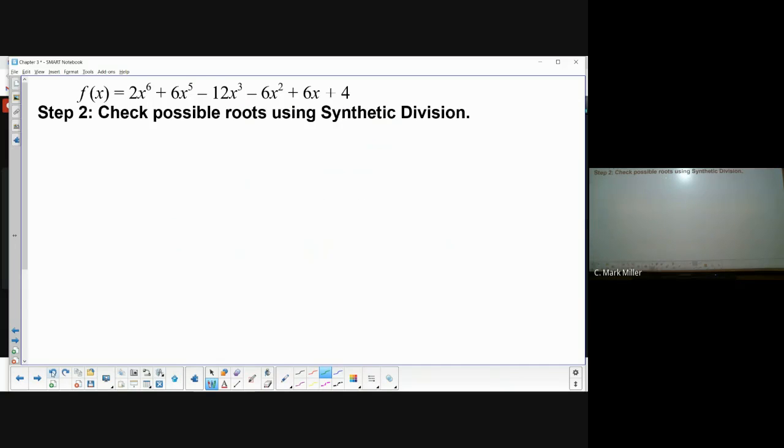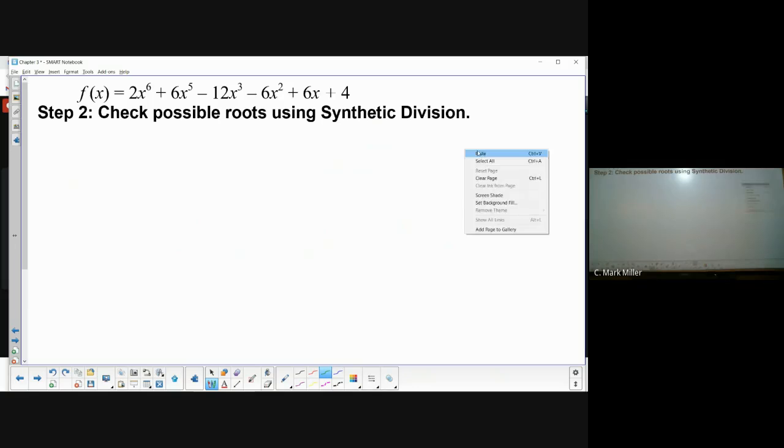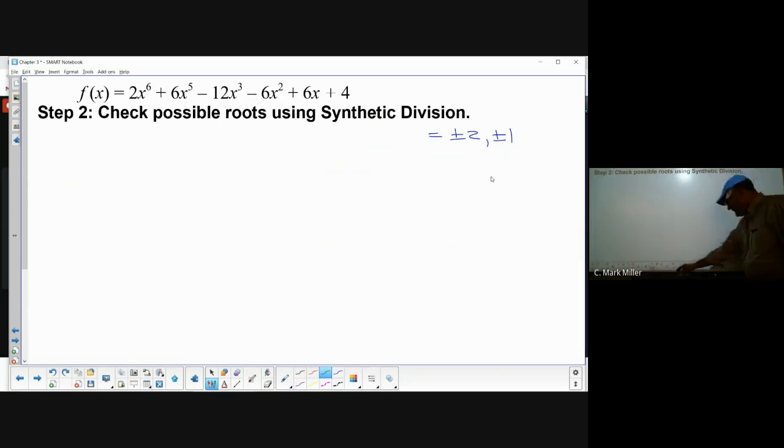So we're going to start checking possible roots using synthetic division. These are our candidates right here.